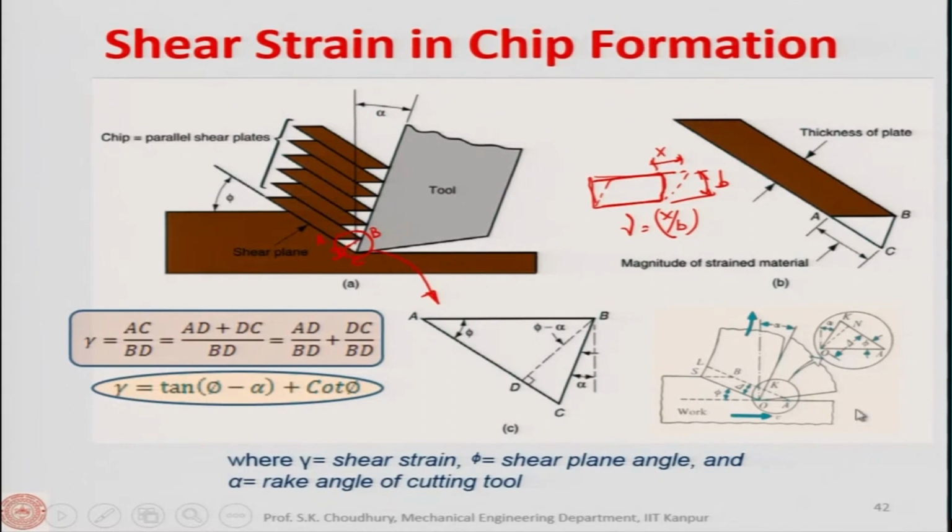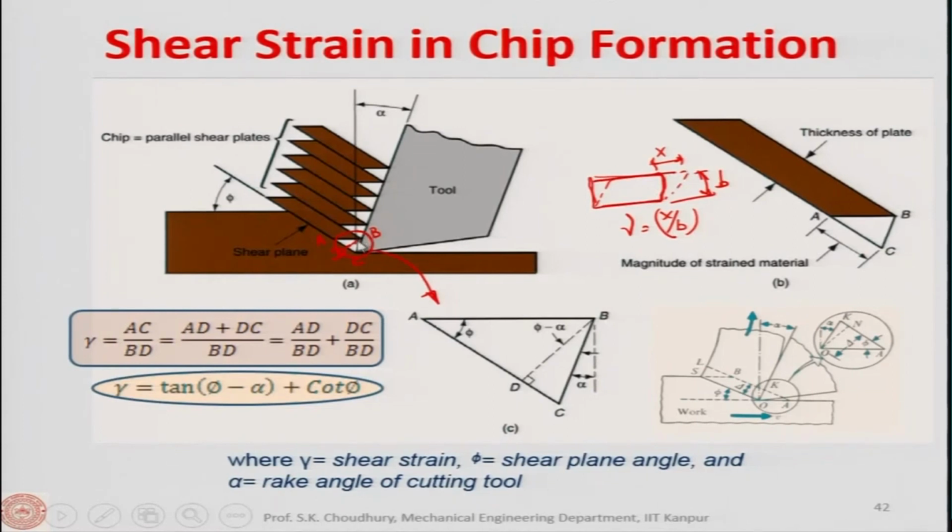First let me explain it from here: AC is the deformation which is equivalent to x in the earlier diagram. AC is the amount of deformation that has taken place as the shear force is applied to the workpiece. So this is equivalent to x.